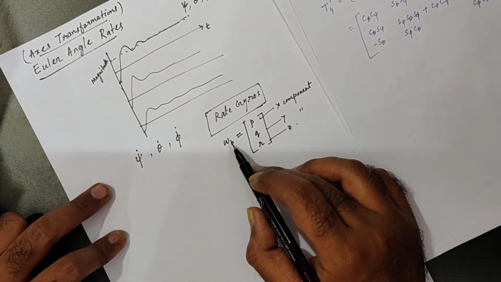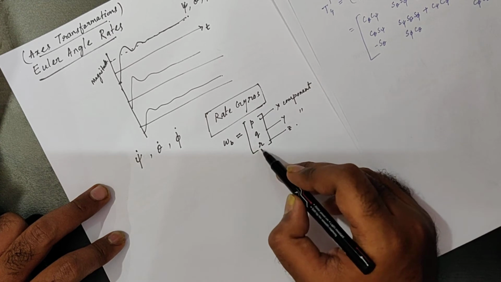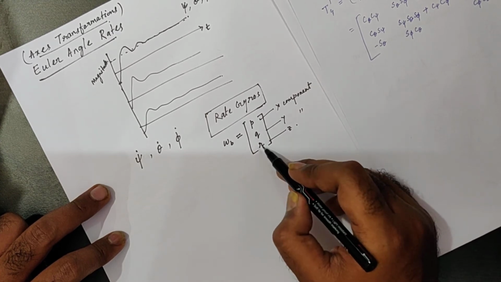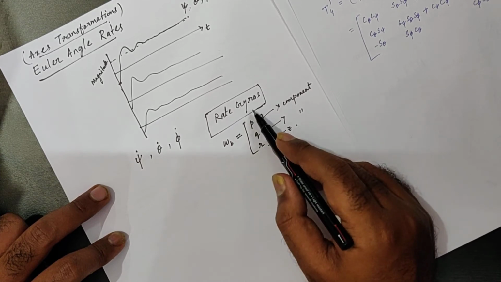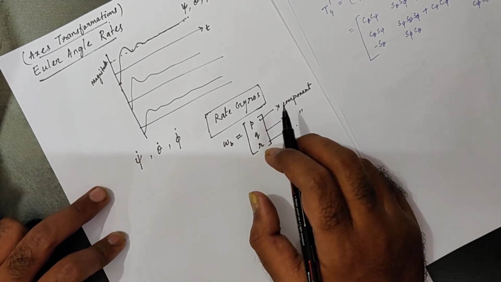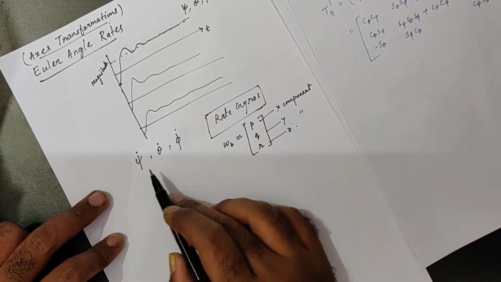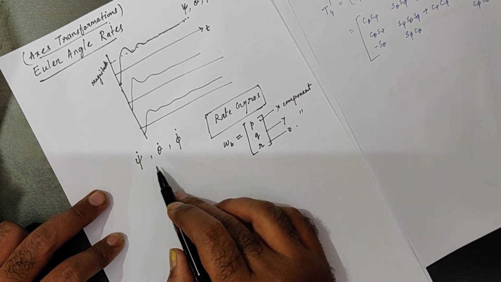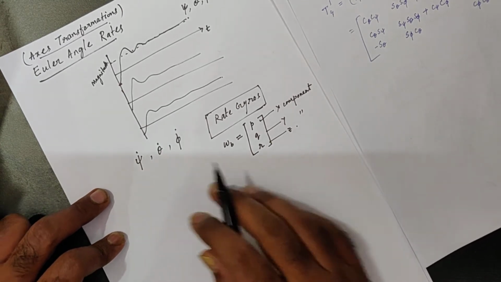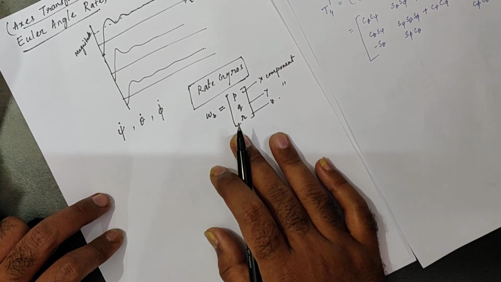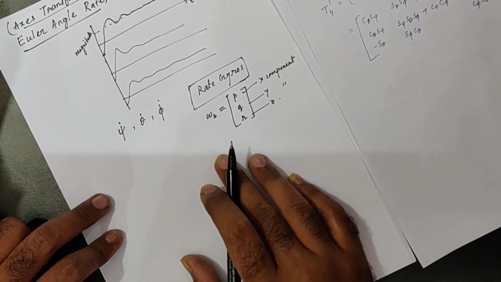Usually the aircraft's instruments or the rate gyros give you this information directly. So these are measurable directly in its output. However, we need these values in its inertial frame of reference. So what we need to do is transform from its body frame to its inertial frame.